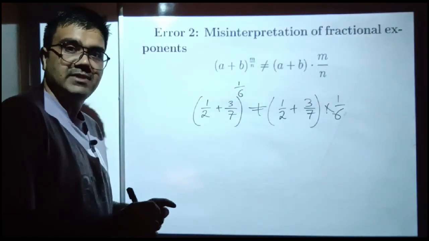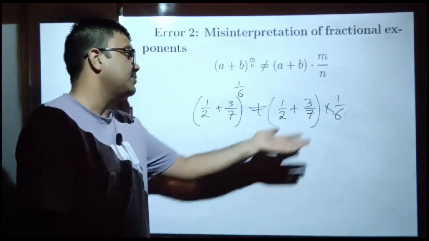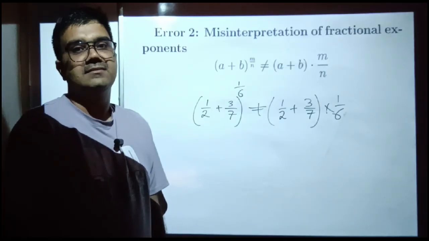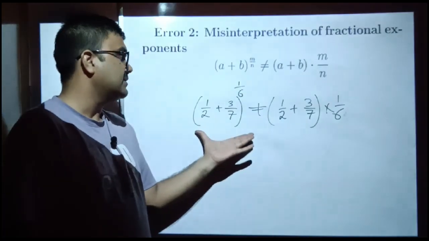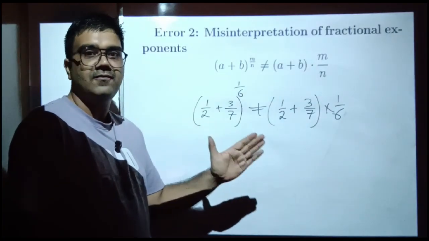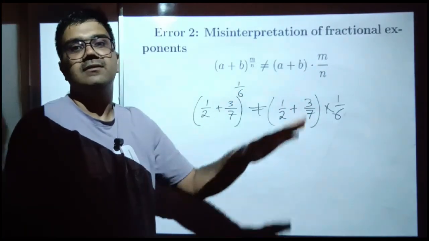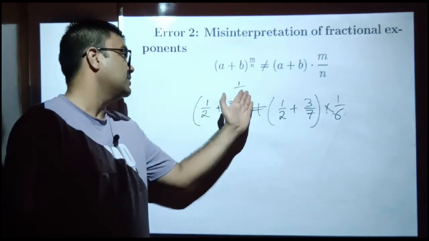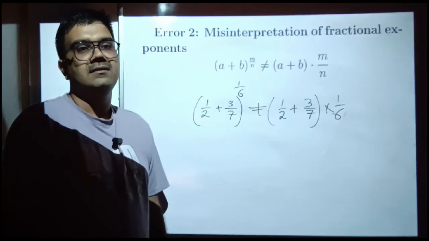When you write something with a power, here 1 by 6, and in the next step you multiply it here, things have changed completely. So whenever you are writing terms like this, be very careful. This is the power. In the next step, it should not come here as multiplication. Keep it in the power.